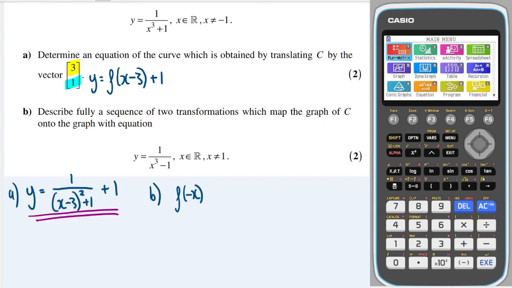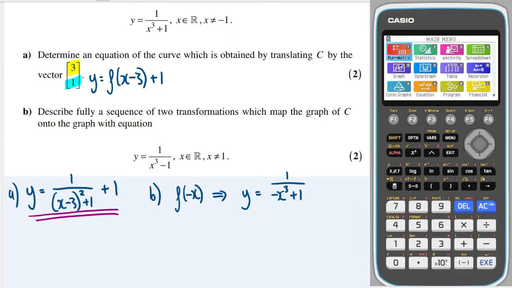So I'm going to start by looking at what f of minus x would look like. If I replace the x with a minus x, then this would give me y is equal to 1 over minus x cubed plus 1, which is similar to this. It's just the negative of it.